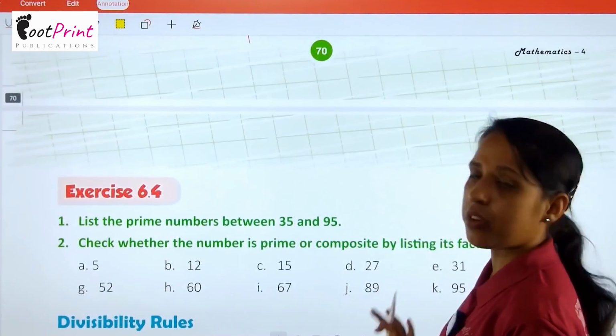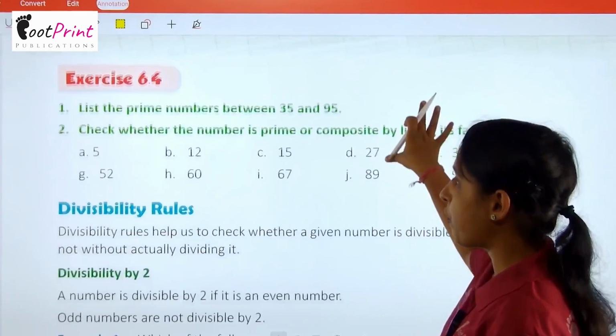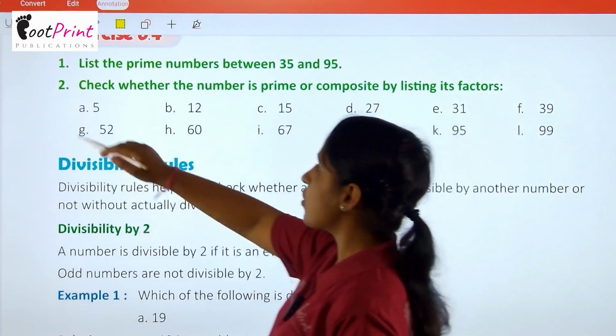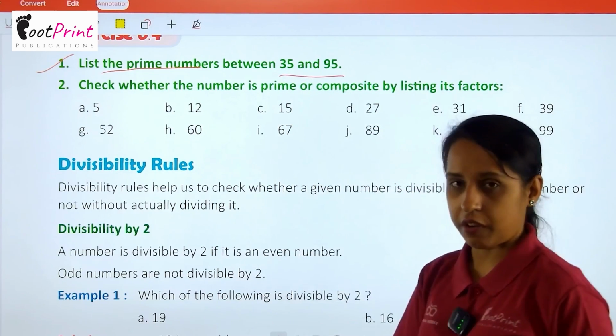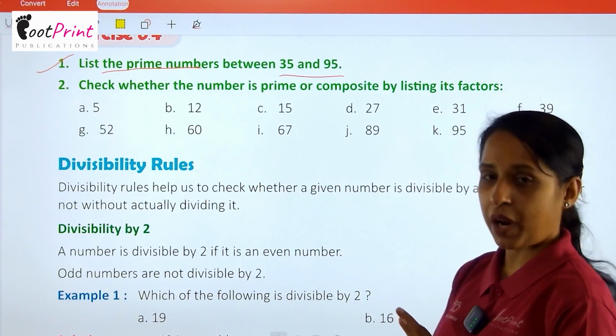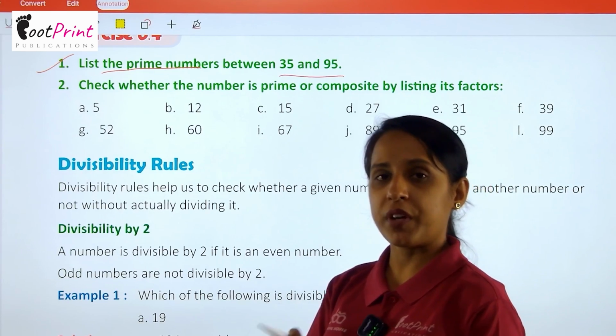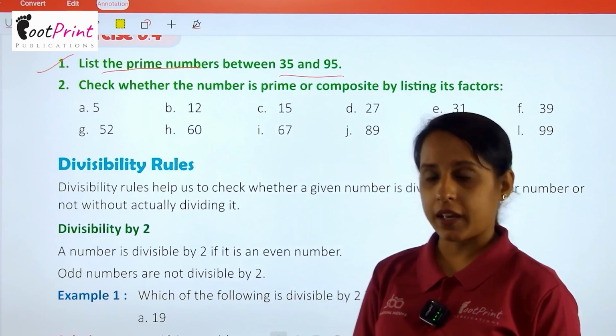Okay. Now we will solve our exercise 6.4. In this first question is given that list the prime numbers between 35 and 95. So here we have to find out the prime numbers that lie between 35 and 95.